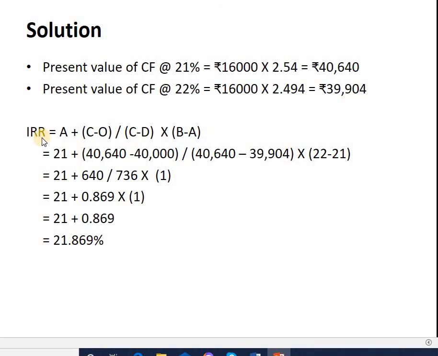To calculate IRR, the formula is A plus (C minus O) divided by (C minus D) into (B minus A).